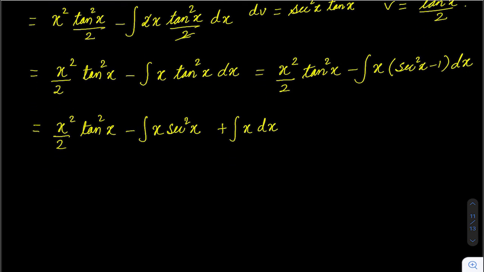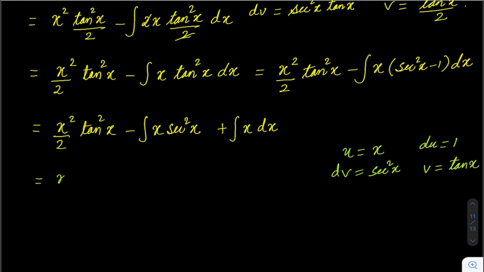Now I have to apply by parts in the second integration because I don't know the value of this. So let's again do the same thing. We will use the UV rule. So what is my u here? ILATE. Algebraic comes before trigonometry. So my u is x, my v is secant square x. So my du is 1, my v value is integration of secant square x, that is tan x.